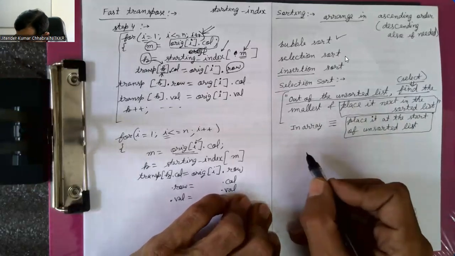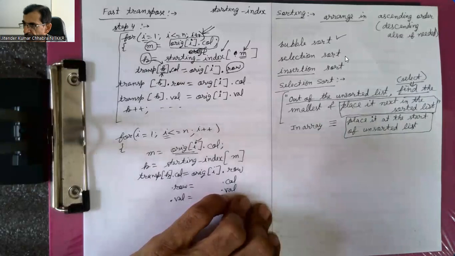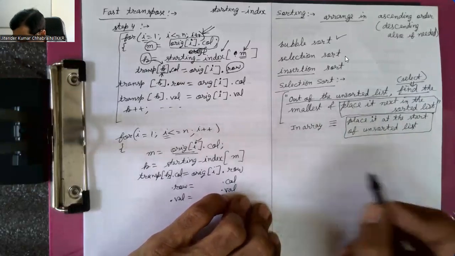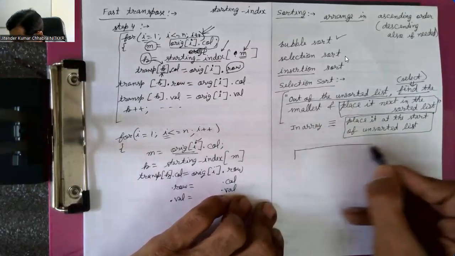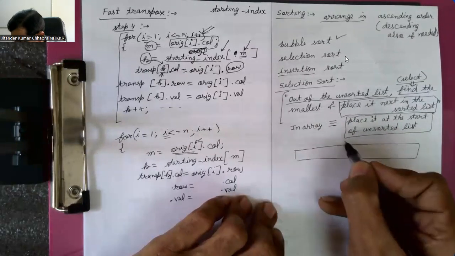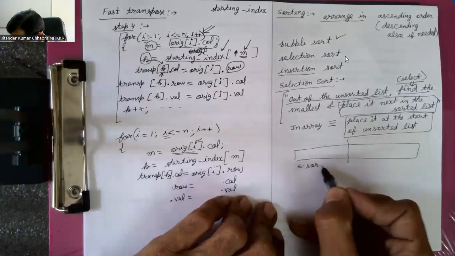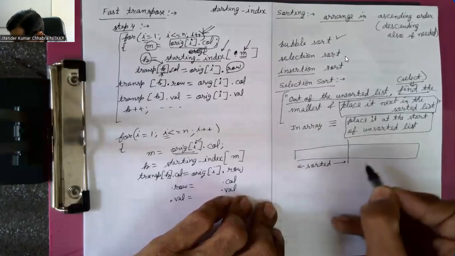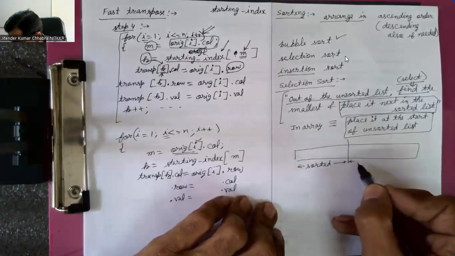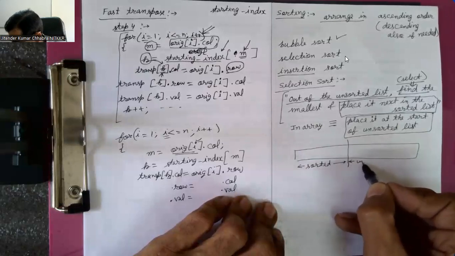In an array, all elements are in sequential contiguous locations. So if at any stage I say up to this was my sorted list, then obviously my unsorted list is just next to that.